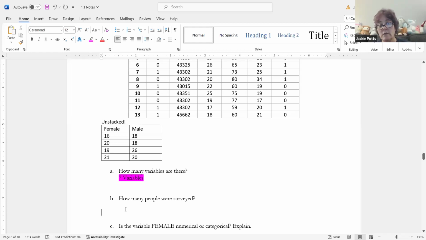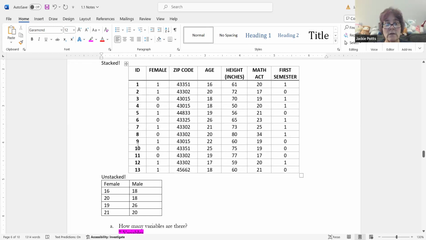Pearson sometimes will tell you there's 6 because it does not count this ID. I will tell you, yes, it is, because when they took the data, I guarantee you there's names there. And the first thing a statistician does is we go through and erase the names and put ID numbers, because it's getting rid of a bias.